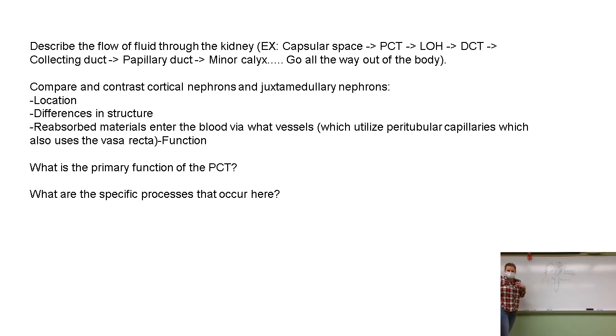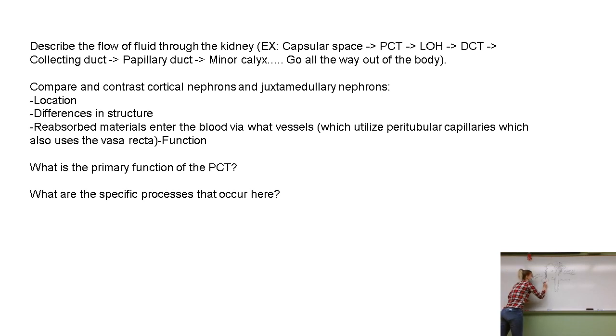We might make some final little adjustments on water content, but it's pretty much finalized. Then at the very end of this collecting duct, this turns into what kind of a duct? Good, a papillary duct. At the very end, it gets dumped into this little funnel, this little cup, and that's called a what?